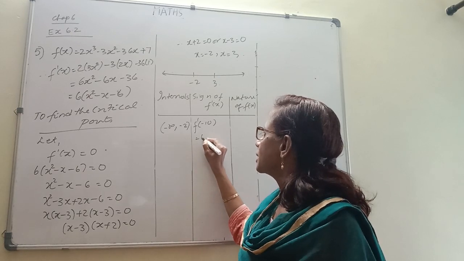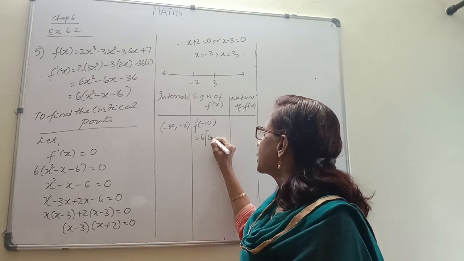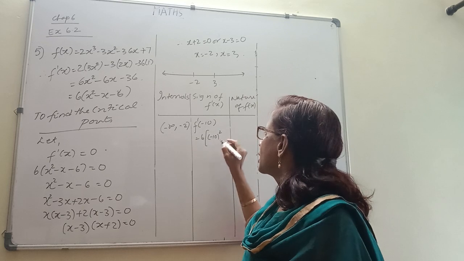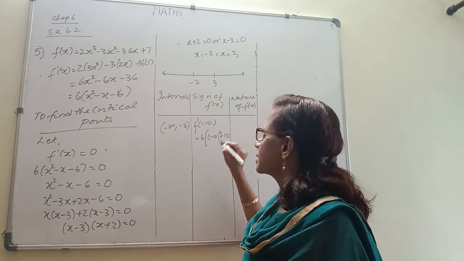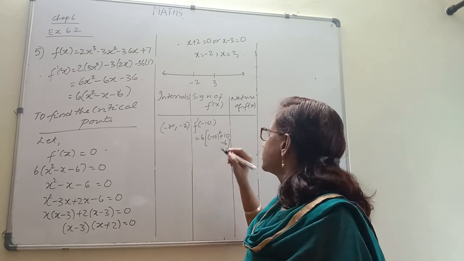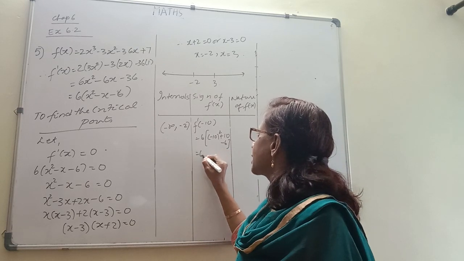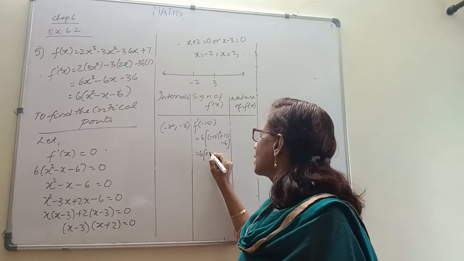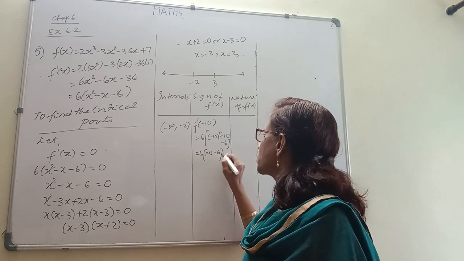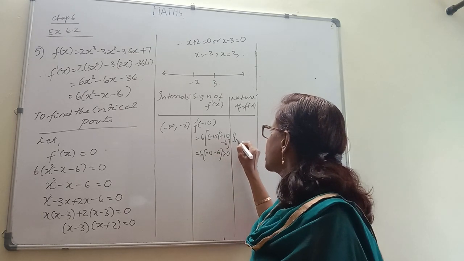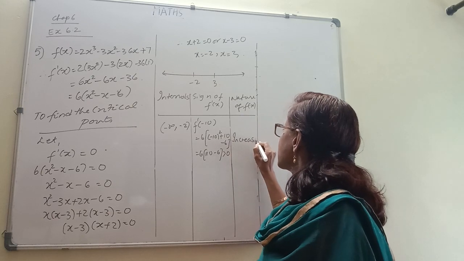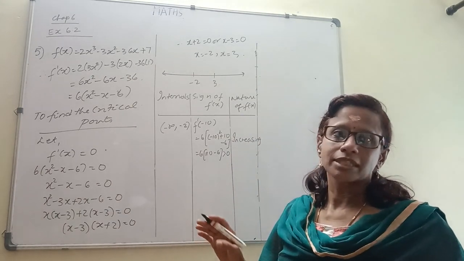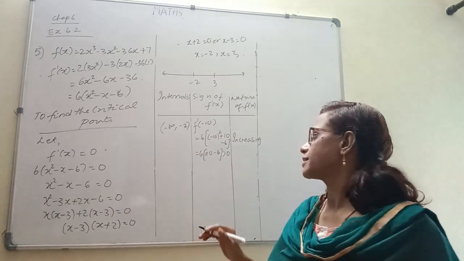How will it be? 6 times minus 10 squared, minus of minus 10 plus 10 minus 6. Anyhow, it's going to be 6 times 100 plus 10 minus 6. That is some positive quantity. So here it's going to be increasing. We can find the values, but basically we are only interested in knowing the signs.